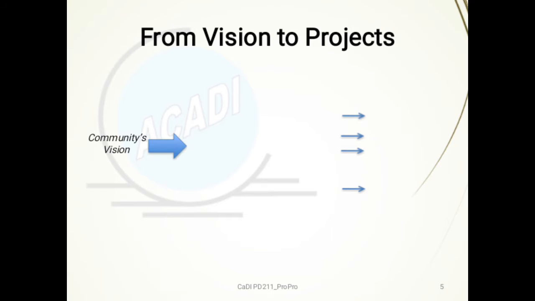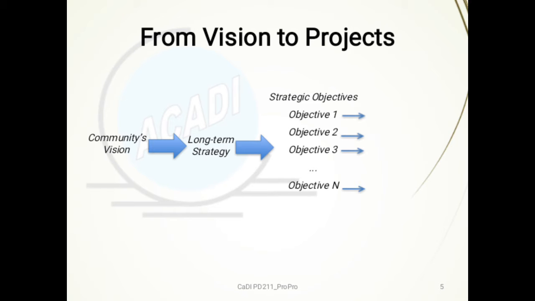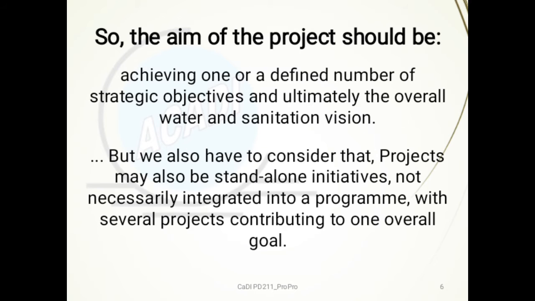Community vision. We have long-term strategy. And then we have strategic objective 1, 2 and 3, and then objective N. From there we have future planning, project 1, project 2, project 3 to infinity.